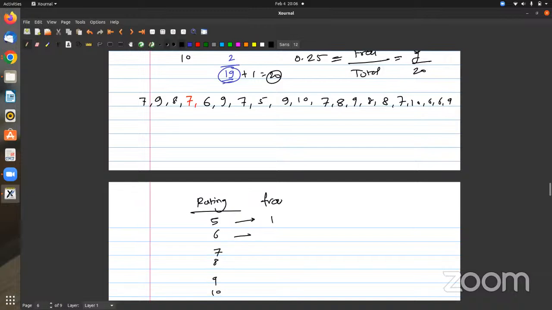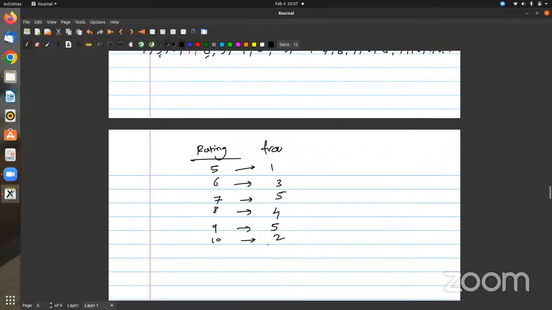Corresponding to 5 is 1, to 6 is 3, 7 is 5, 8 is 4, 9 is 5, and 10 is 2. If you add all these frequencies: 1 plus 3 is 4, plus 5 is 9, plus 4 is 13, plus 5 is 18, plus 2 is 20.